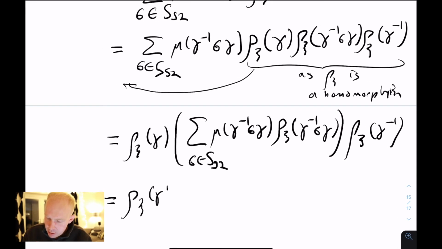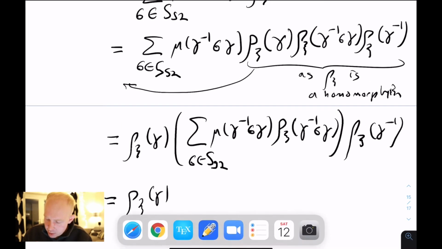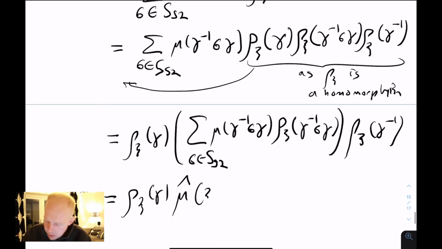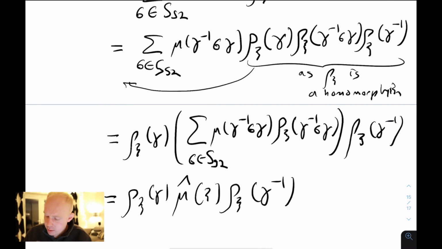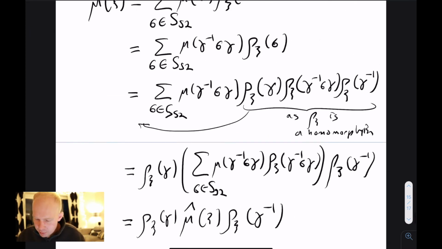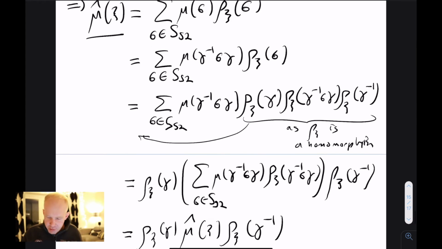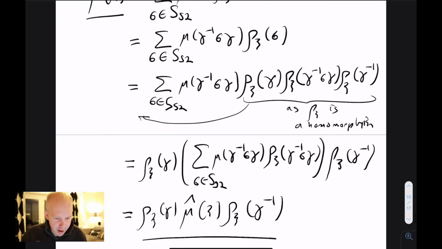So what I have proven now is that this is equal to the Fourier transform of mu, with rho psi of gamma and rho psi of gamma inverse around it. I haven't computed it yet, but I have proved this kind of property.